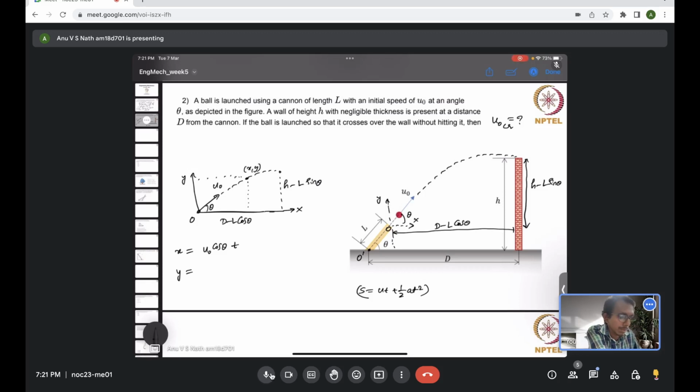So in the vertical direction, y is u0 sin theta, the component of initial velocity in the vertical direction, times t, plus half the acceleration, which is acting vertically downward with magnitude g, so the sign should be negative, times t square. So I think there is no doubt in this part.